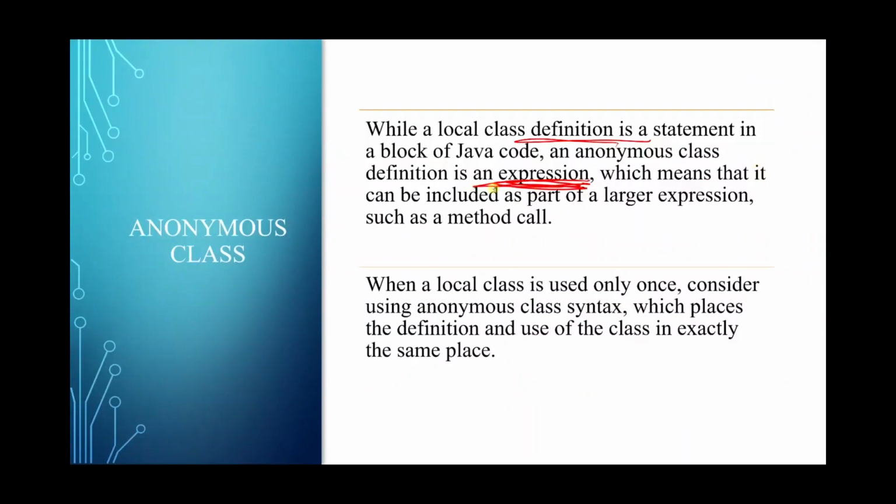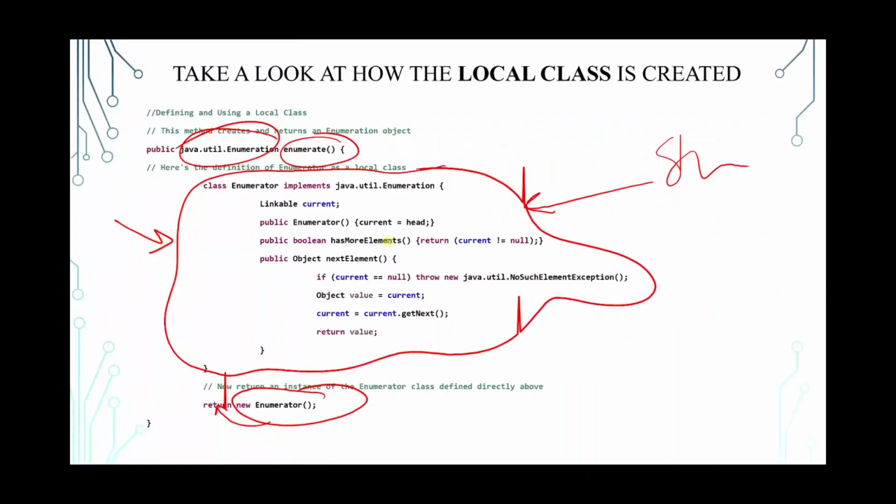The anonymous class is an expression, which means it can be included as a part of a larger expression, such as a method call, not a method definition. So a block can be in another block, nested blocks, right?